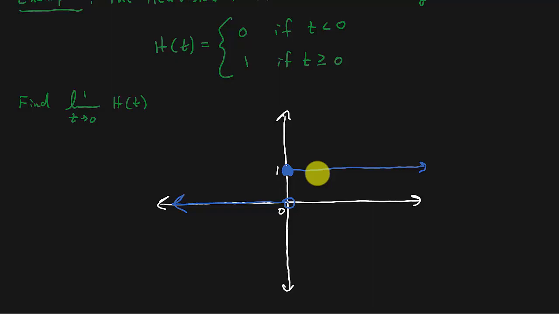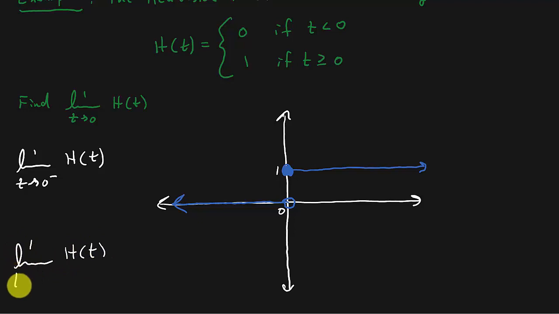So if I take the limit as t goes to 0, now let's come in from the left. So as t goes to 0 from the left, that's what this little minus sign means. I'm taking the limit of h of t as t approaches 0 from the left-hand side. I want to know what that equals. And then I'm going to also take the limit of h of t as t approaches 0 from the right-hand side. So I'm going to come in from the right-hand side.